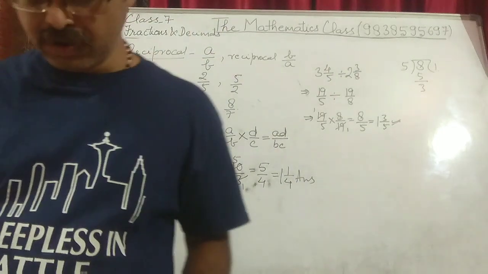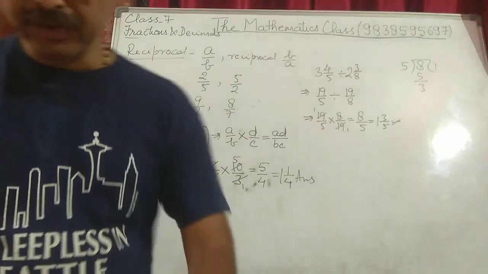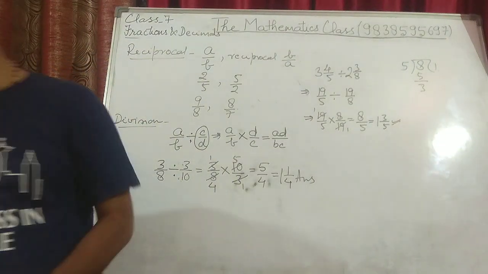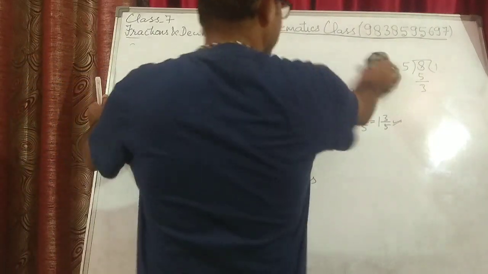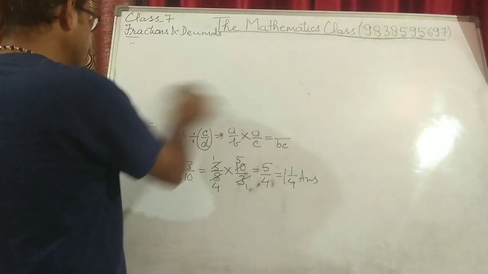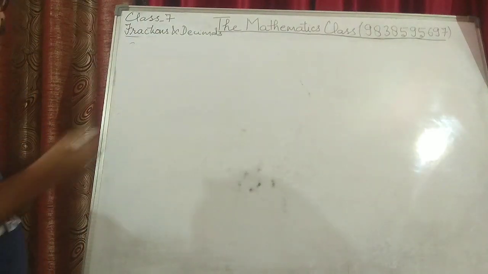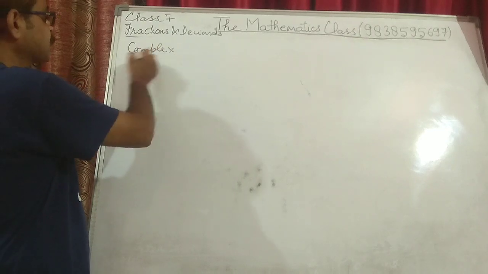Now we have done almost everything. Only one thing is left, that is complex fraction. What is a complex fraction? Complex fractions are those types of fractions in which the numerator and denominator both are in the form of fractions.